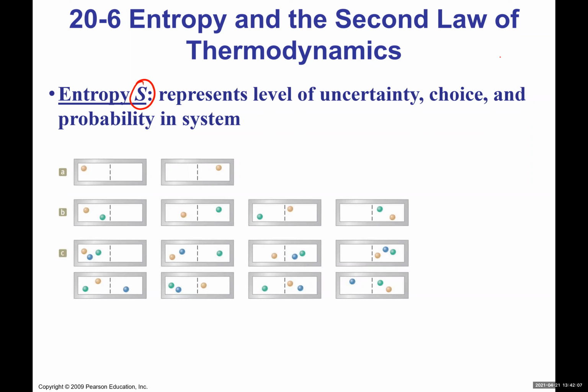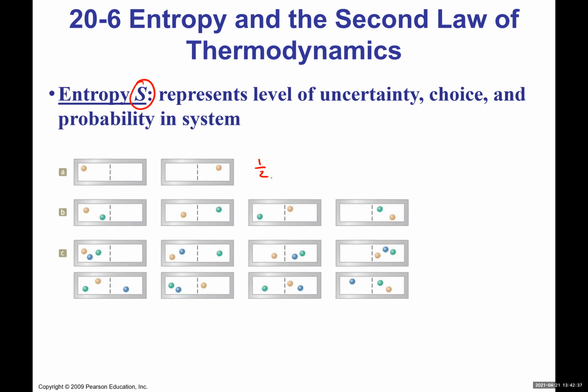So now, one molecule in a container has a 1 in 2 chance of being on the left side. As a result of random motion, it can be either on the left side or on the right side. So I can write down the probability as 1/2, basically 1 in 2.